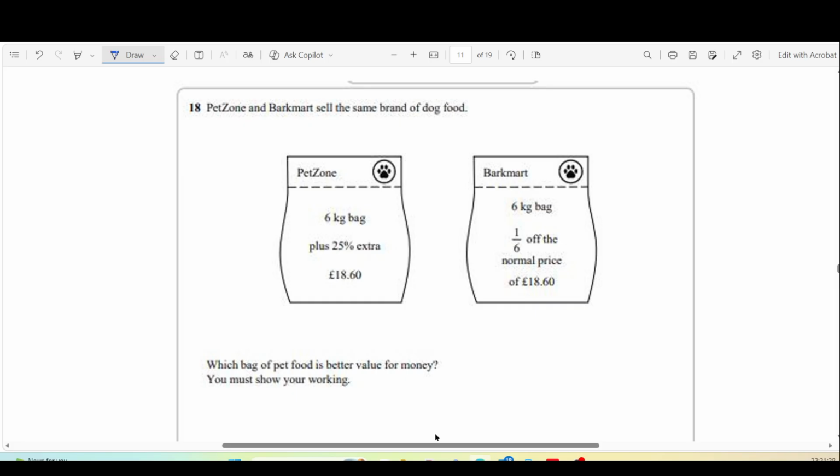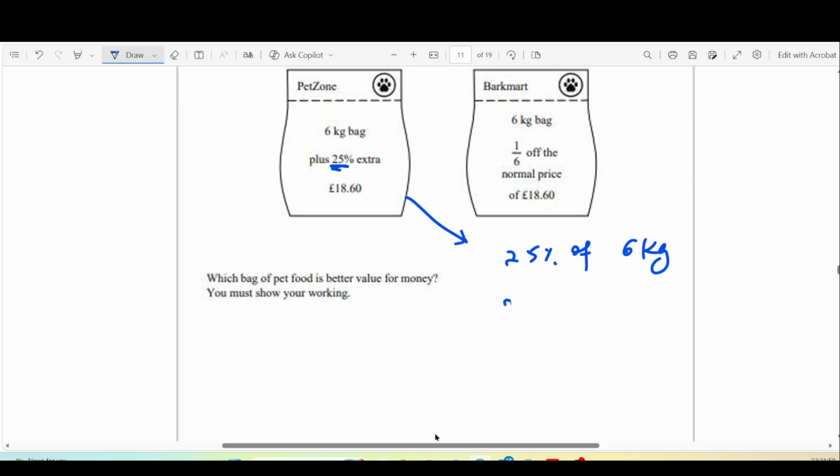So this is a 6 kilogram bag plus 25 percent extra. So we have to find 25% of 6 kilograms, right? Let's do it. 25 over 100 times 6 kilograms.